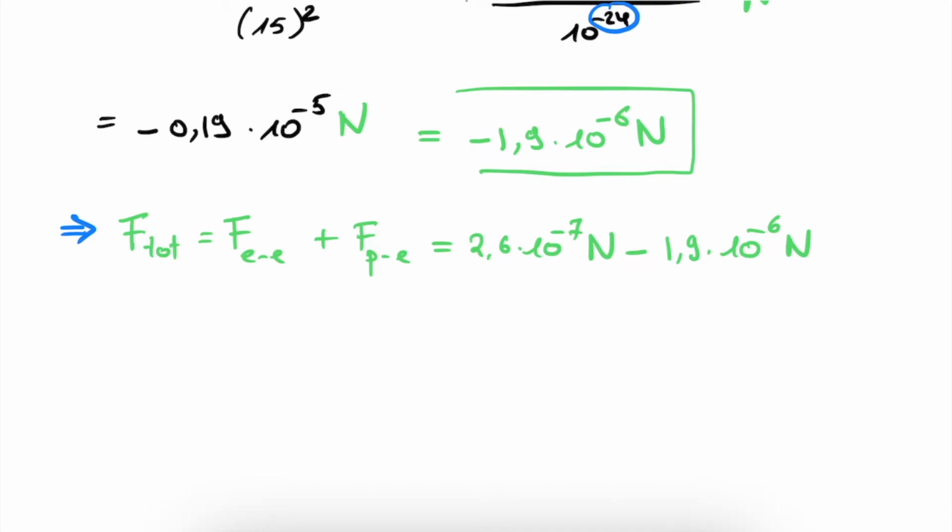We immediately see that the attractive force between the two positive charges and the one negative charge is much larger than the repulsive force between the two negative charges. Now, why is this such a difference? Well, first of all, there were two positive charges instead of one negative charge. This on its own would double the magnitude of the force.